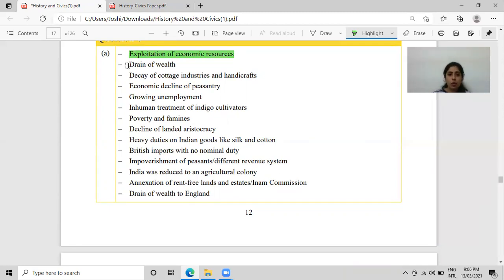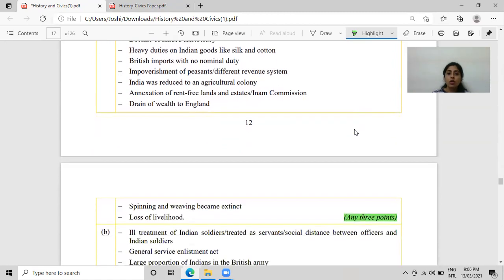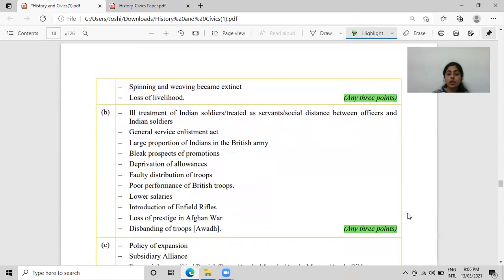So I'll mention number one, exploitation of economic resources, number two, drain of wealth, and number three, decay of cottage industries and handicrafts. These three sub-economic causes will be mentioned by me as a student and explained. You can see over here, again it is written any 3 points. Same way, question B was for military causes.